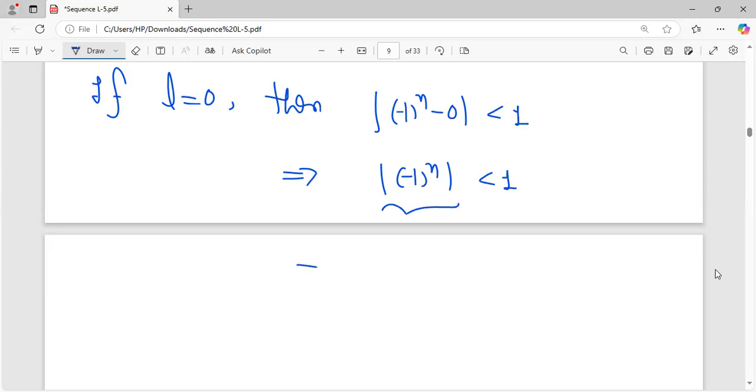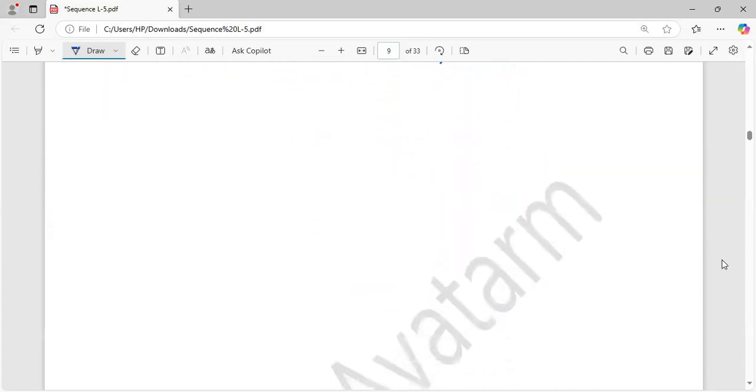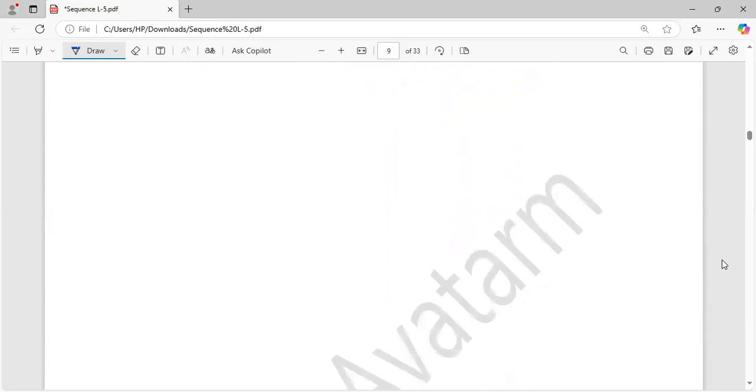So what is this then? This is 1 < 1, not possible. So L equal to 0 is not possible.